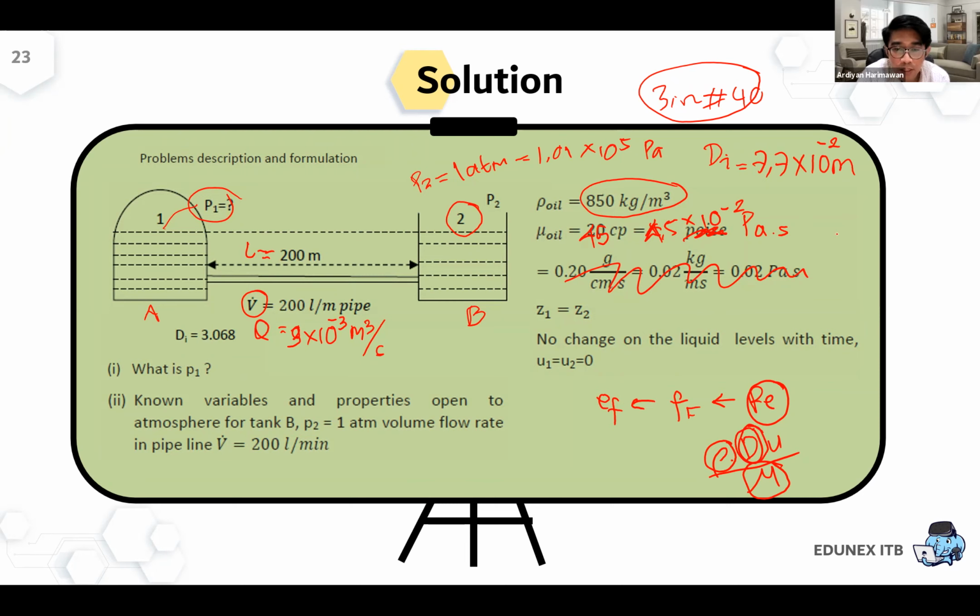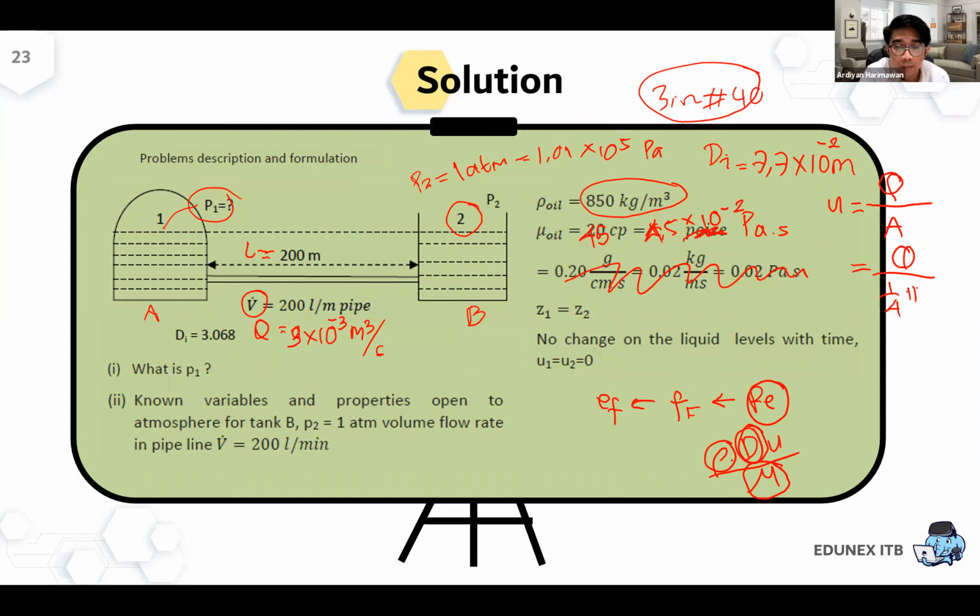Then how to calculate velocity? You have the value of the diameter, and then you have the value of volumetric flow rate. So you can calculate Q divided by A, right? A is the cross-sectional area.